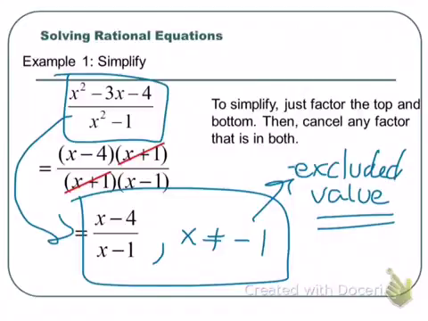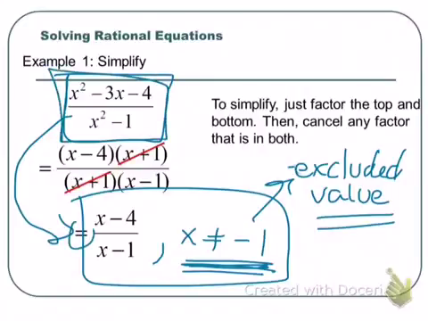It makes you think a little bit, right? What does this x equals negative 1 mean? Why do we have to have this here? x can't be negative 1, because if x equals negative 1, this thing is not equal to this thing.